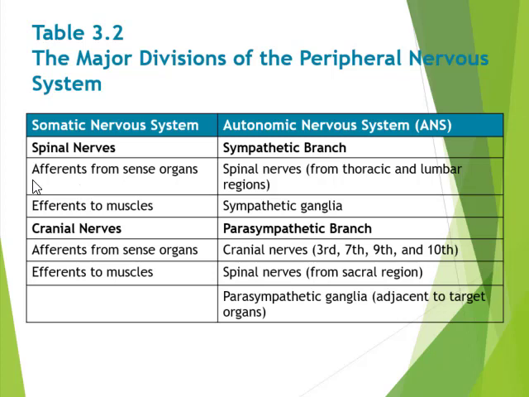So afferent with an A receives information from the periphery. Efferent with an E sends information to the periphery. The cranial nerves also have afferent with an A and efferent fibers that do similar things. And a fiber is basically a bundle of nerves.